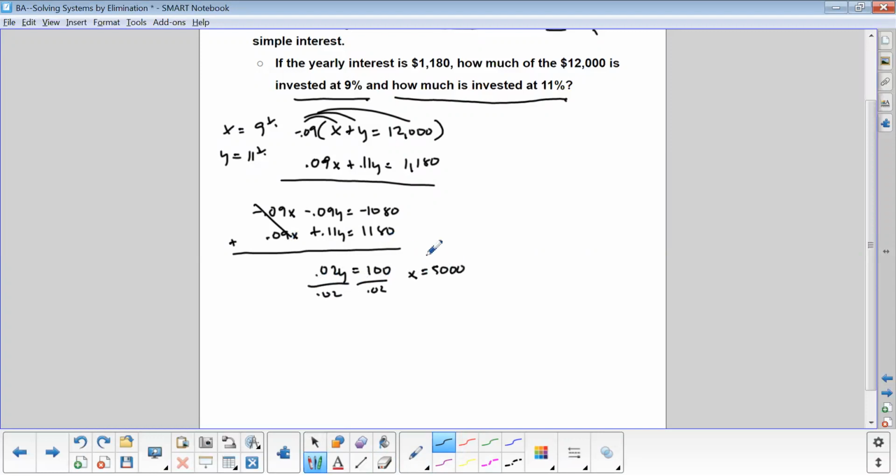So that means there was 5,000 invested in the X, or at the 9% rate.